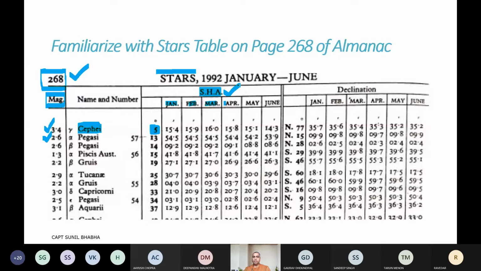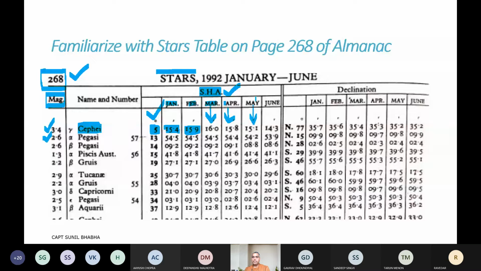If the change happens, usually 99% of the time, the change happens in minutes only. Like you can see for Cephei, in the month of January, the SHA was 15.4 minutes. In the month of February, it becomes 15.9 minutes. So we can pick up the degrees from the first column, and we can pick up the minutes from the month in which the sight is taken.